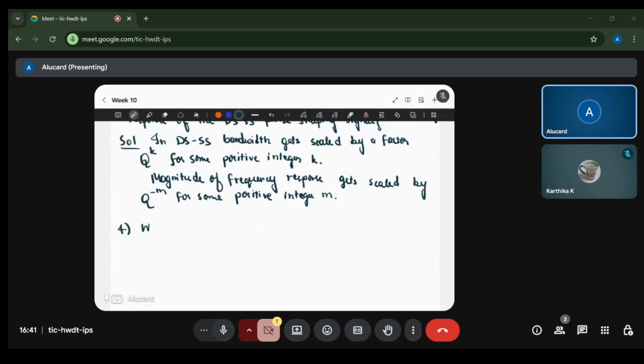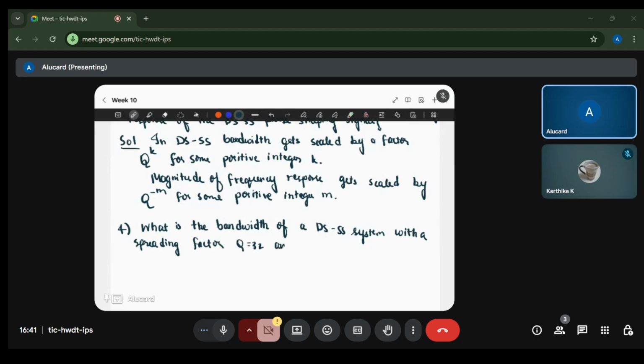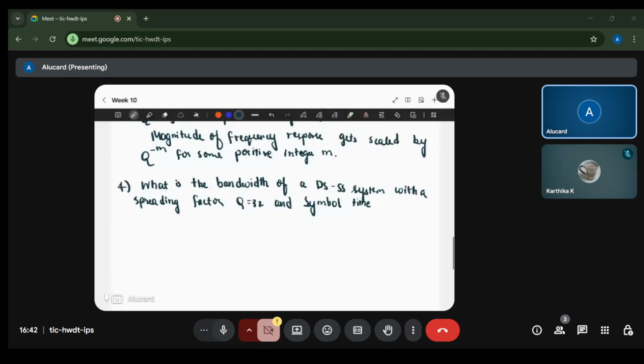Question 4 is, what is the bandwidth of a DSSS system with a spreading factor q equals 32 and symbol time ts equals 8 microseconds?